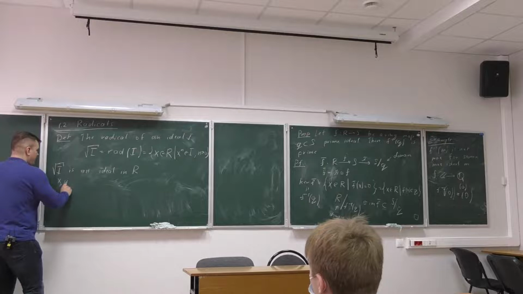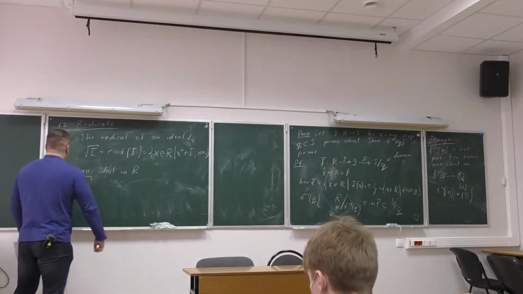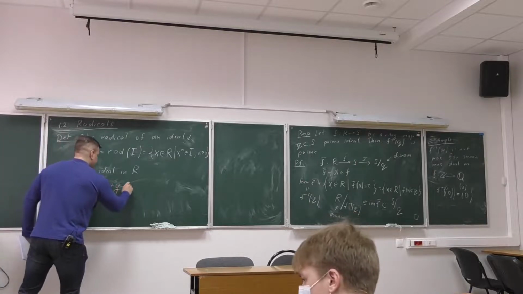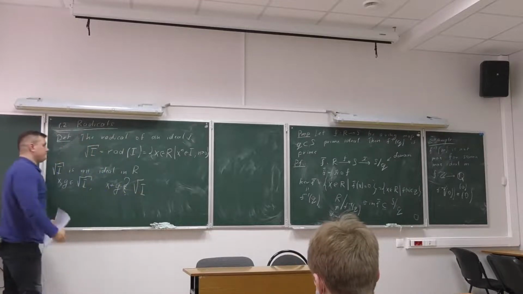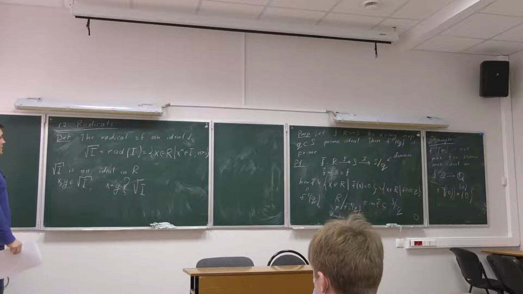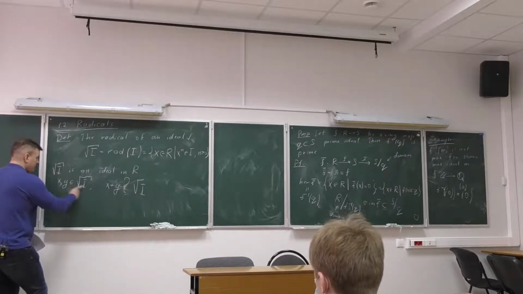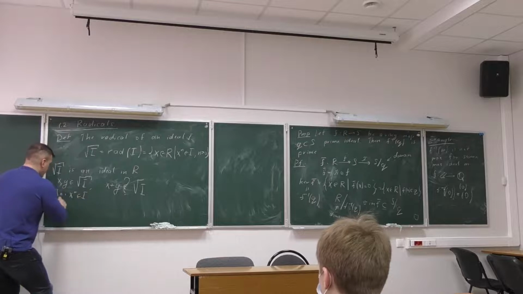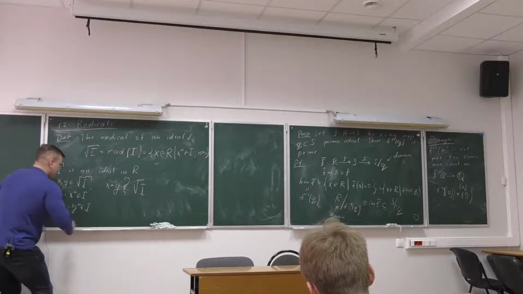I need to take two elements in the radical, and I want to show that the sum is also in the radical. The property that these two elements are in the radical means that there is n such that x to the n is in I, and there is also m such that y to the m is in I.